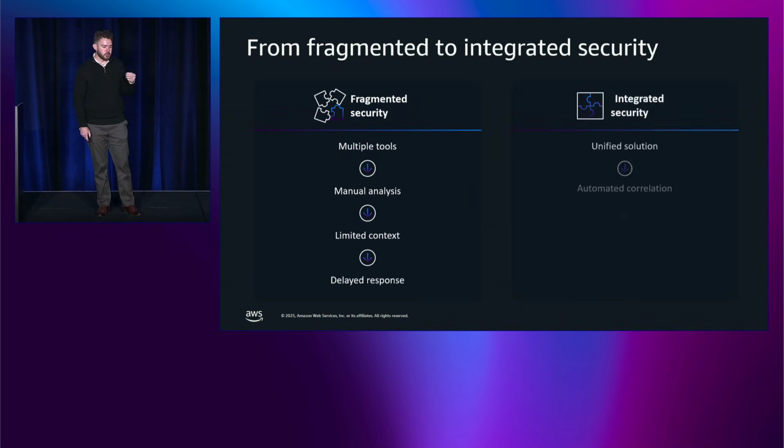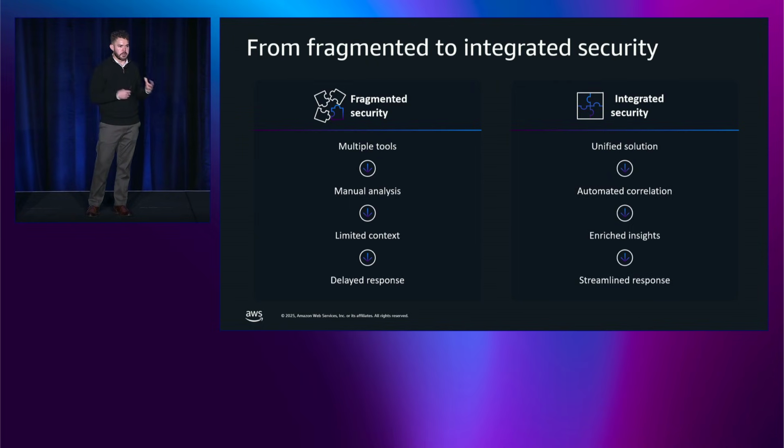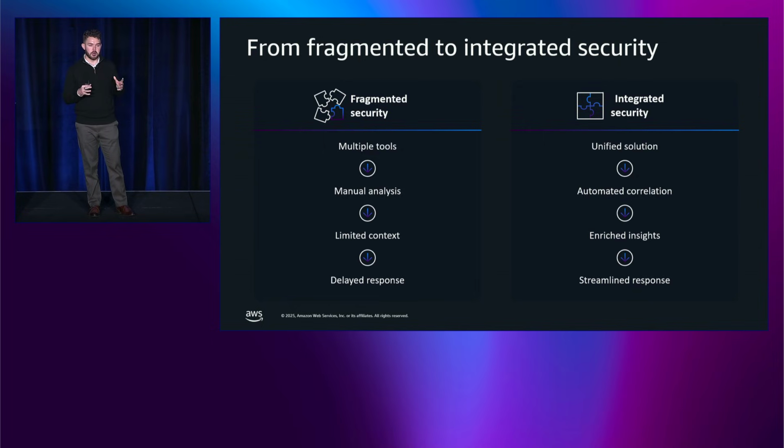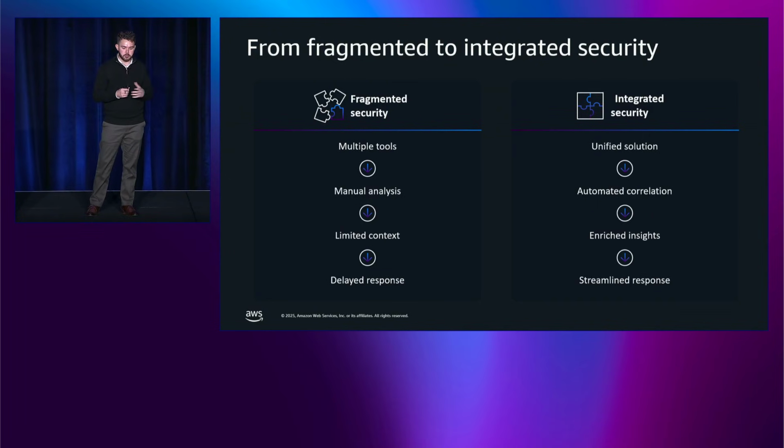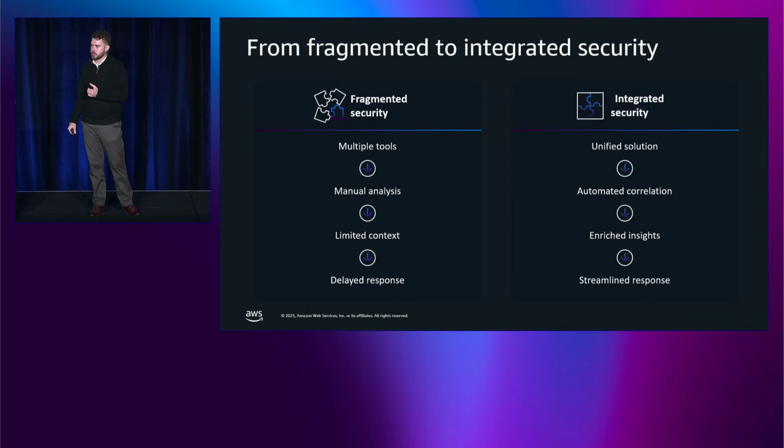Today, teams juggle multiple security tools, each with their own interface and workflow. Our unified platform approach brings everything together in one place, eliminating tool sprawl and reducing your operational complexity. Where teams previously spent hours manually analyzing connections between security signals, we can now automatically correlate signals across threat detection, vulnerabilities, and security findings. This surfaces critical relationships that might otherwise go unnoticed.